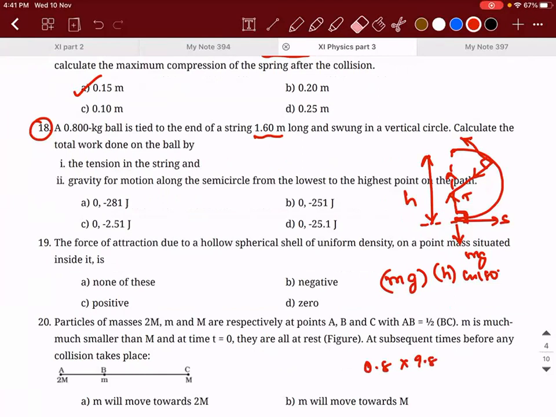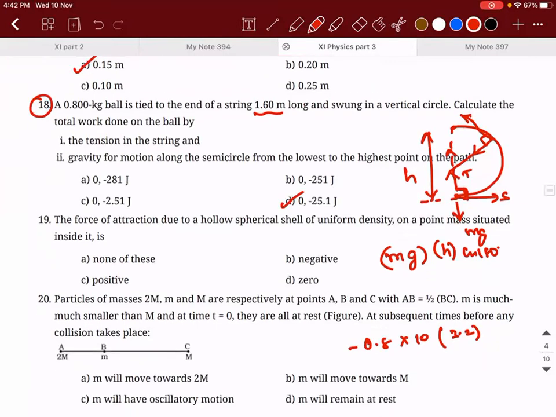For time being, let me take it, because all the decimal values are different. So 10 into cos 180, sorry, h is how much? H is 3.2, right? Into cos 180 is minus 1. So what is the answer you will get, guys? 32 into 0.8. Sir, is it option D? Correct. Because you will get 24 point or 25 point something.